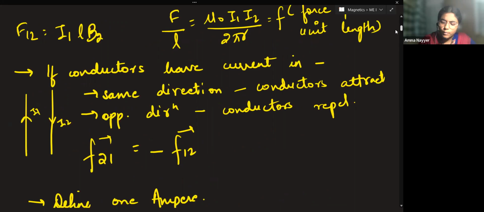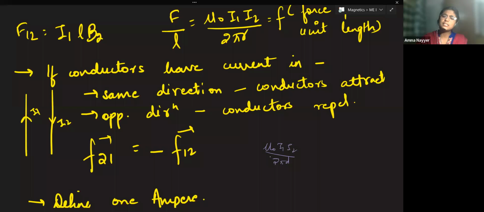Now see, if you're calculating force per unit length on the second due to the first one, and force per unit length on the first one due to the second one, these two cases will be just equal and opposite to each other. Because from the formula, mu naught I1 I2 divided by 2 pi d for force per unit length will remain the same.